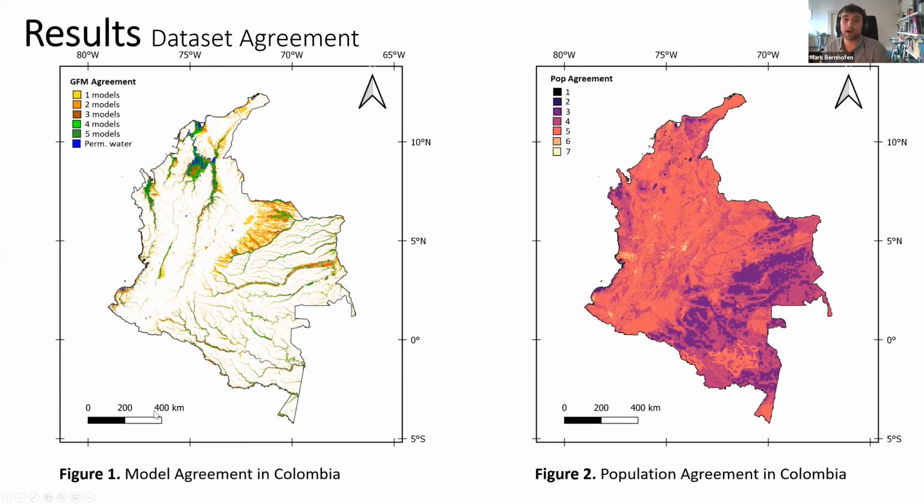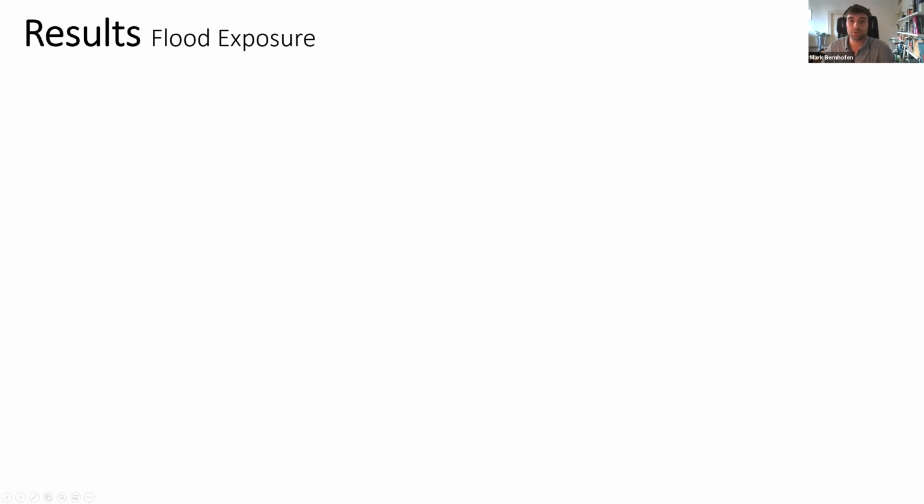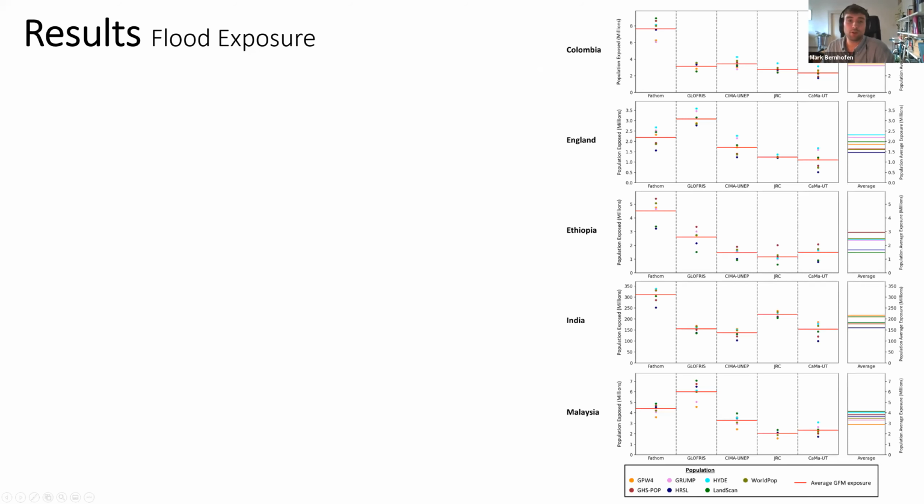So what about when we combine these data sets to calculate flood exposure? To calculate exposure, we intersect the global flood maps with the global population data sets. And this figure on the right is from the paper we're writing, showing the flood exposure calculated in each of the 5 countries. Each column here is a different global flood model.